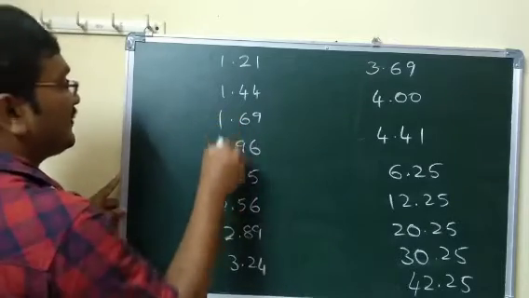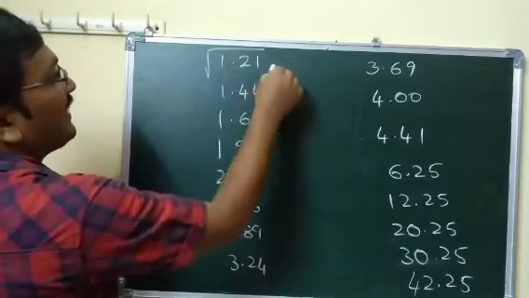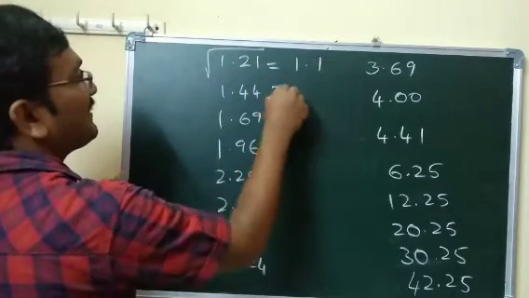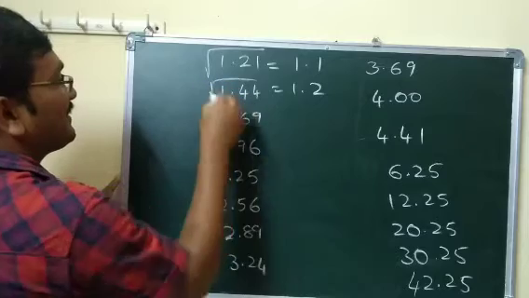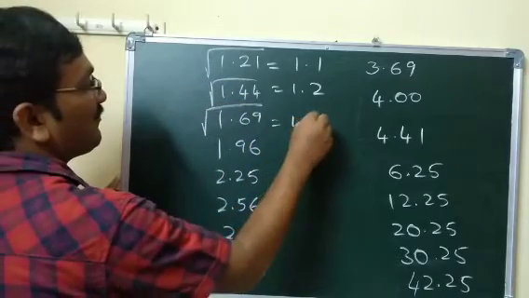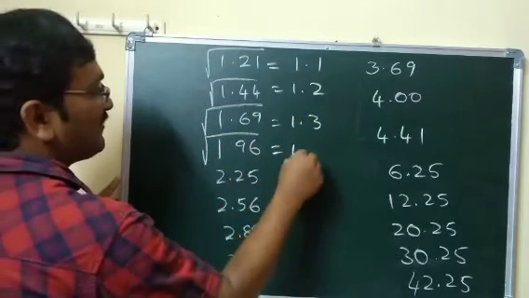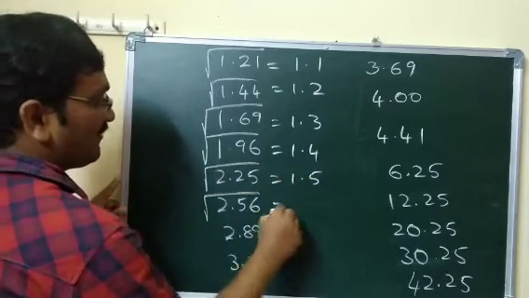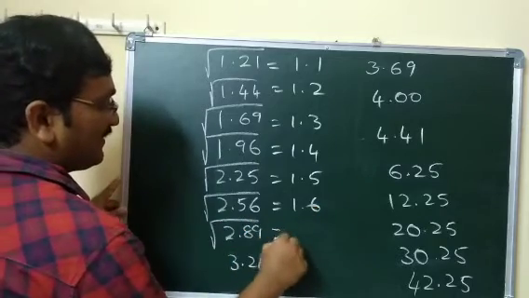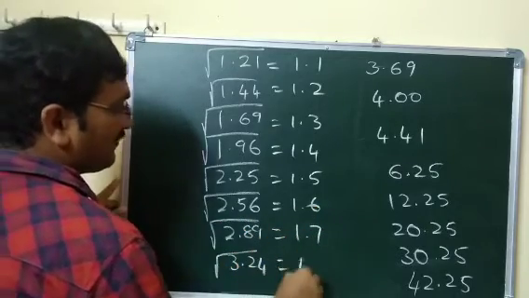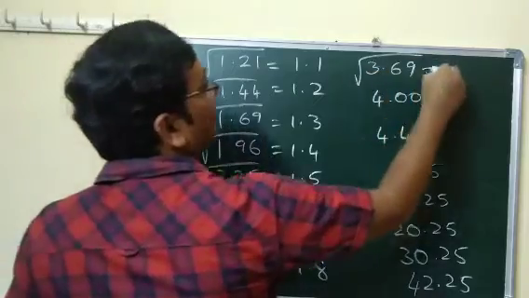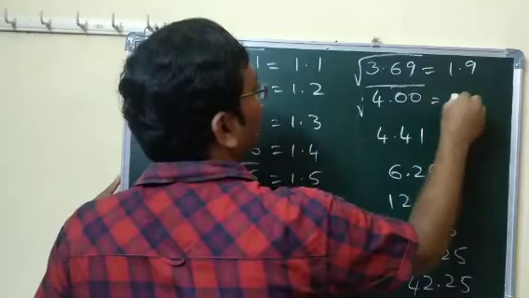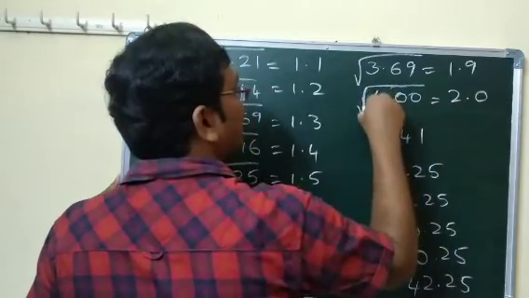Suppose here is the square root. Square root means this one, 1.1, this one 1.2. For this, square root 1.3, this square root 1.4, for this square root 1.5, this square root 1.6, for this square root 1.7, for this square 1.8, for this square 1.9, for this square 2.0, that's 2.